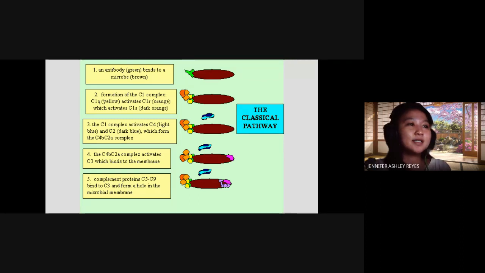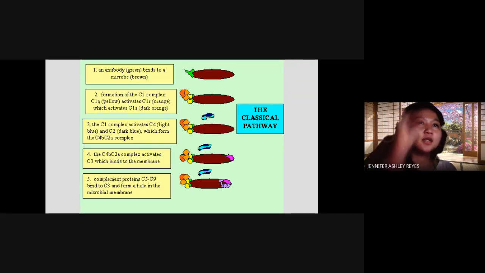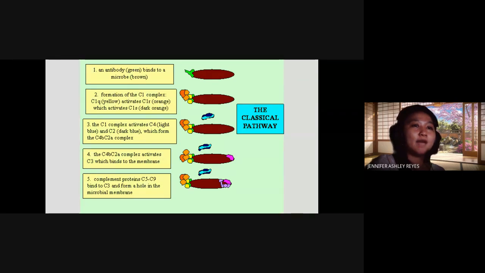It is a complex of protein which is C1q, C1r, and C1s. So, cascade din yan. Yung number 2 dyan, yung C1q, yung yellow, i-activate niya si C1r, tapos i-activate niya si C1s, tapos together, they are known as the C1 complex. So, nag-bind na sila kay FC region ng antibody.